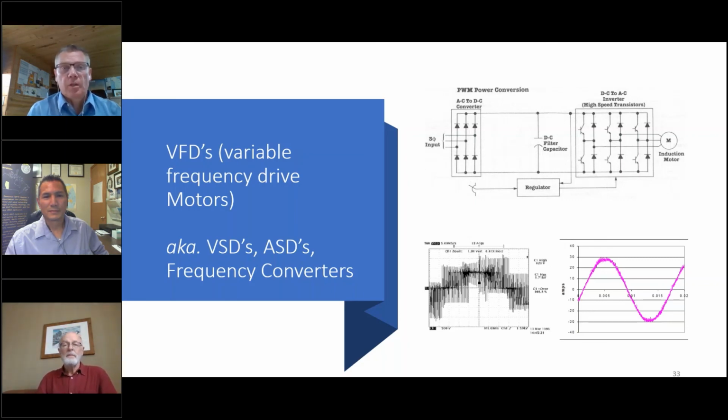Like we talked about VFDs a lot, it'd be like taking a 60 hertz motor and running it at 50 hertz on a VFD. But yes, you absolutely can, as long as the voltage isn't exceeded. You don't want to put a 230 volt motor on a 400 volt supply and then change the frequency.